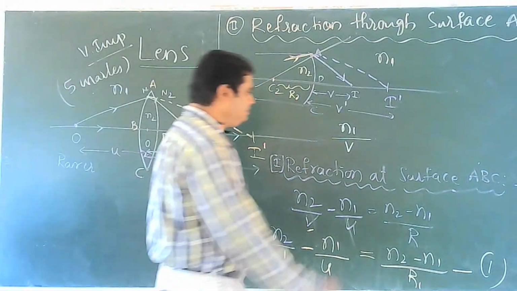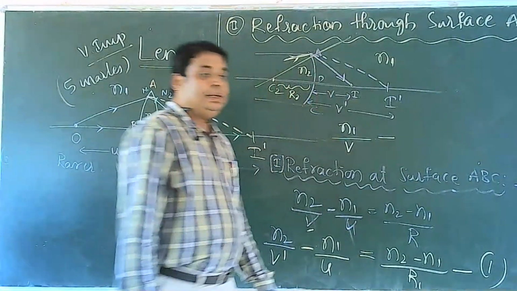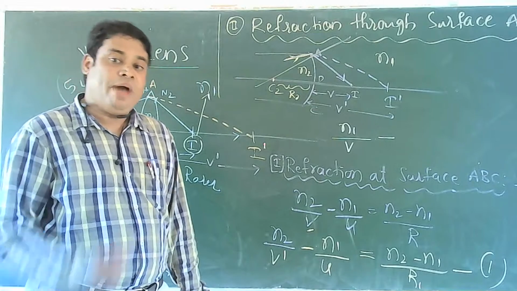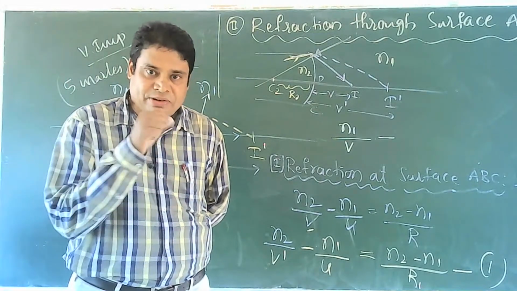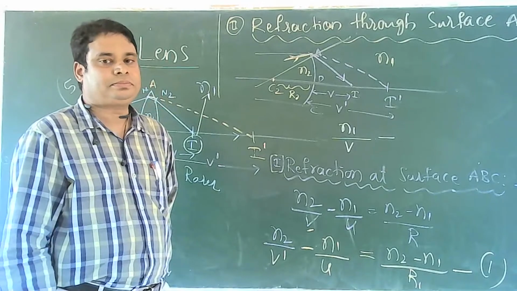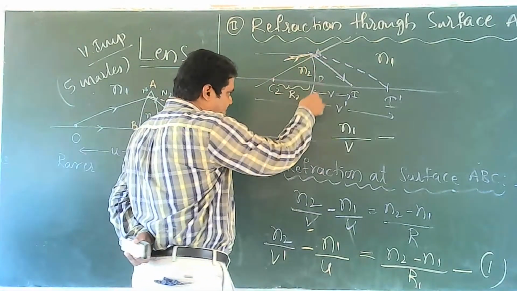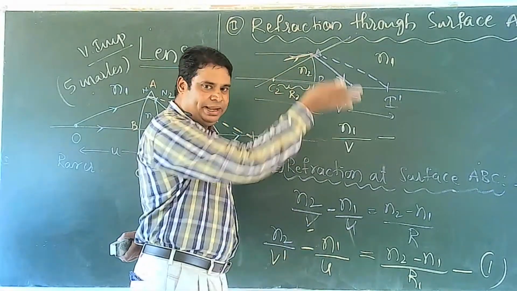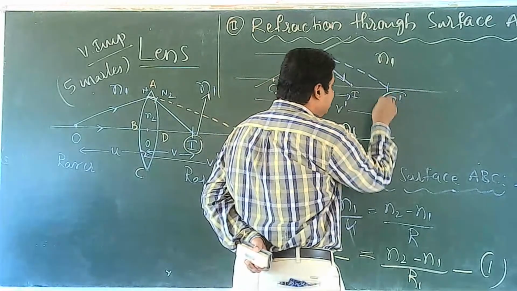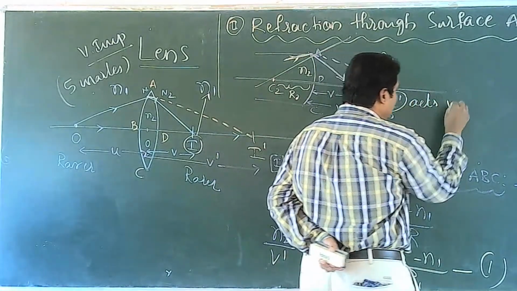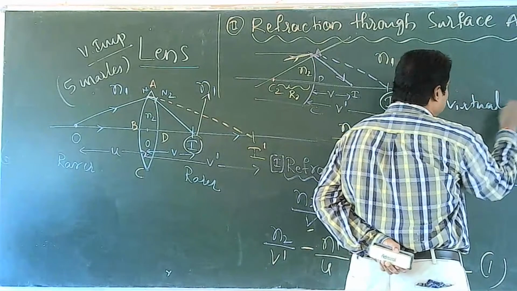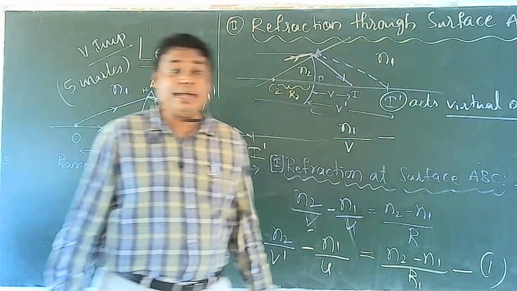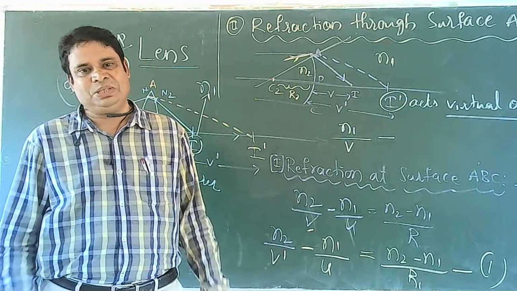minus the refractive index of the object space. Where is your object? Remember, for this surface ADC, this portion is not there, correct? We have only ADC. This I dash acts as a virtual object.